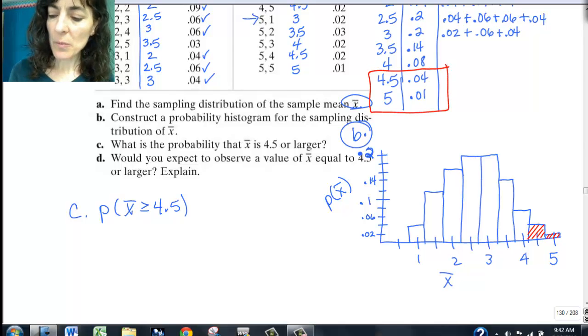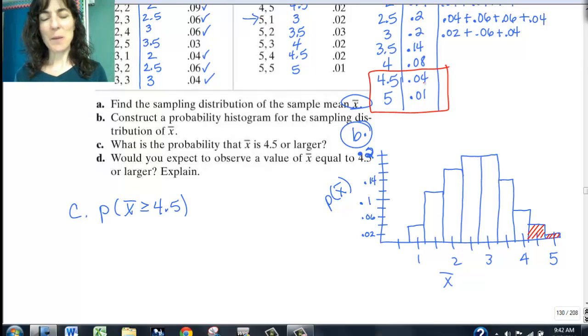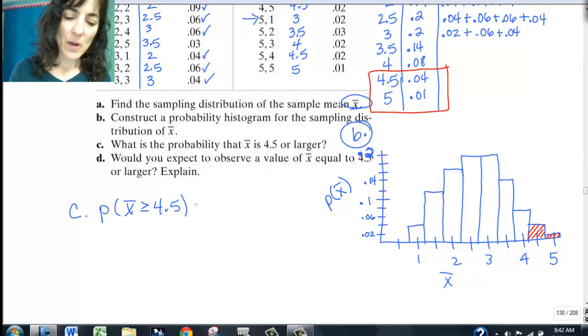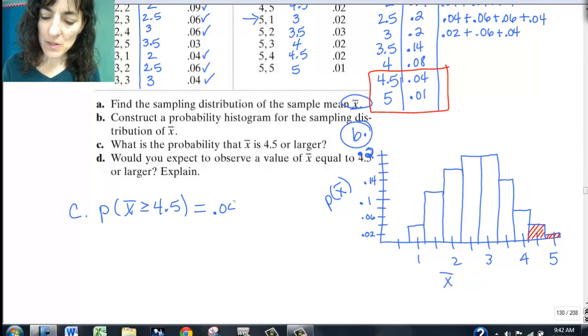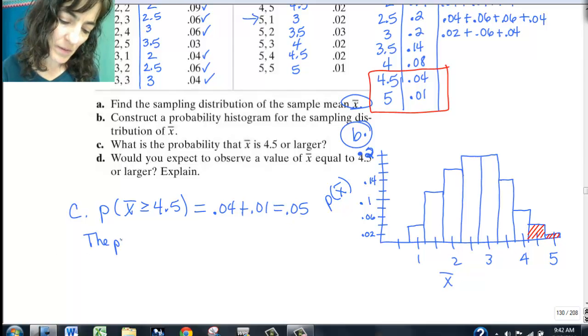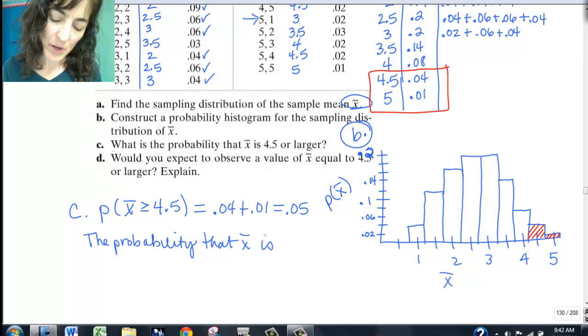I have the probabilities right here because I came up with the sampling distribution, so I have the actual probabilities. So 4.5 or larger is going to be these final two, and so I know that my probability is 0.04 plus 0.01, which equals 0.05. So the probability that x bar is 4.5 or larger is 0.05.